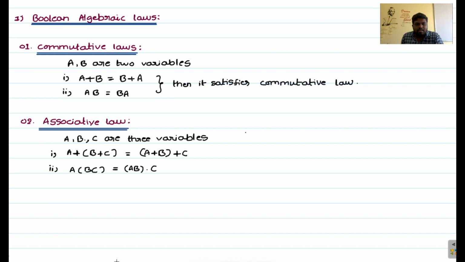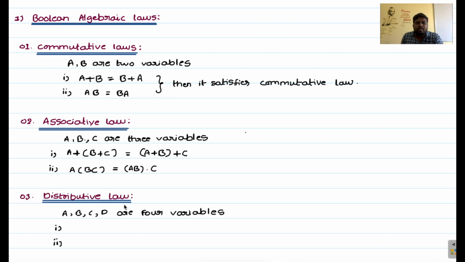And the next one is the distributive law. Here A, B, C are variables, then A into B plus C equals AB plus AC. So AB is one distribution and AC is another distribution.